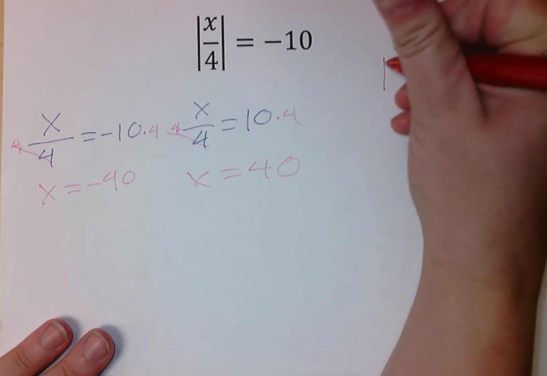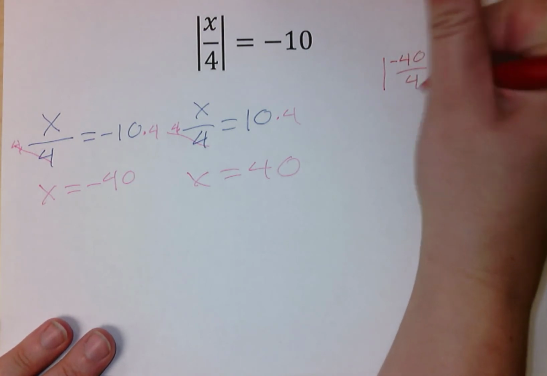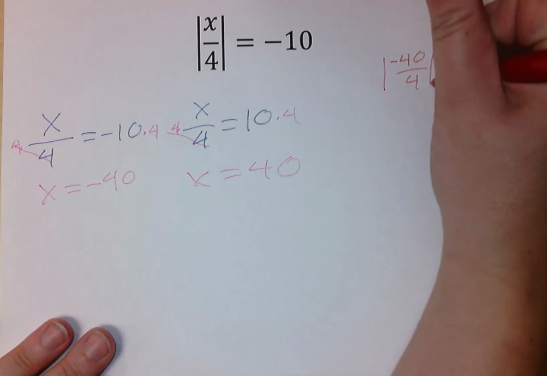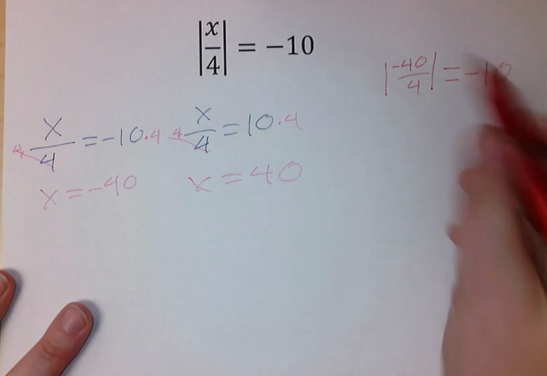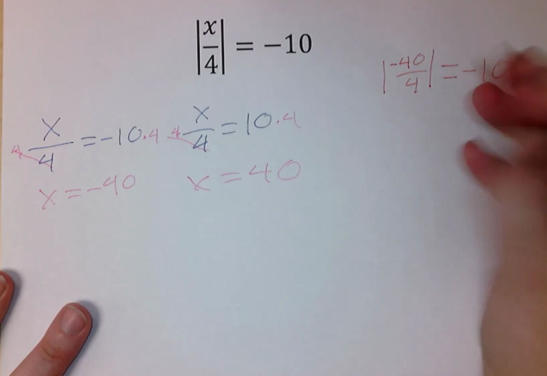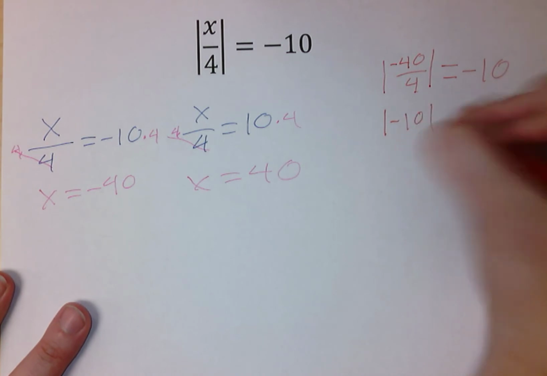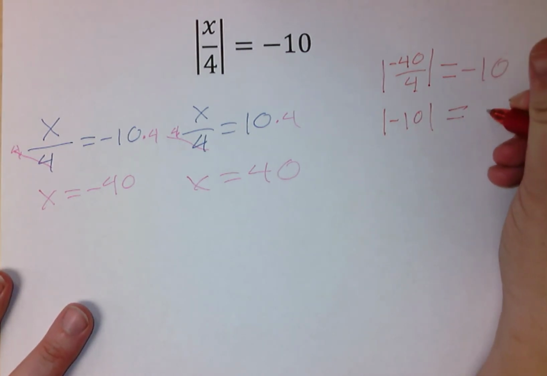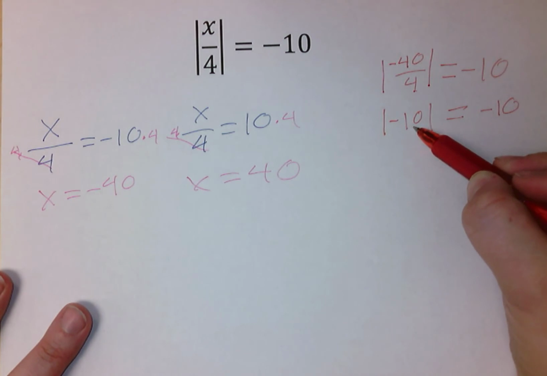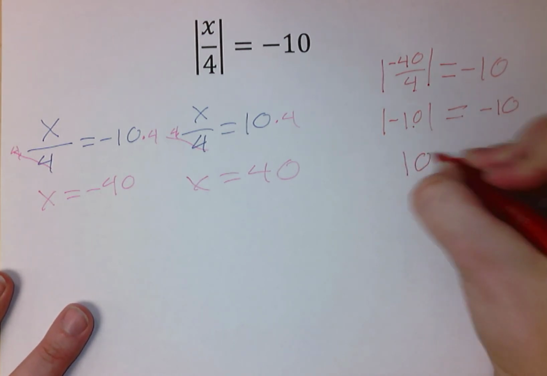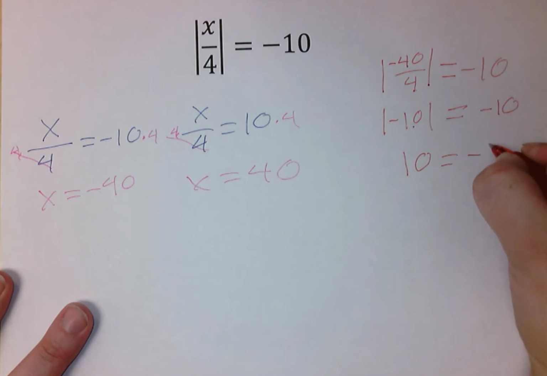So I'm going to take the absolute value of negative 40 divided by 4, and we're going to see if that's equal to negative 10. Well, negative 40 divided by 4 is negative 10, isn't it? But what is the absolute value of a number? It's the distance from 0 on a number line. And remember, distance can never be negative. So the absolute value of negative 10 is a positive 10, and a positive 10 is not equal to a negative 10.